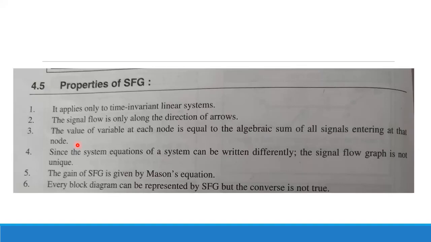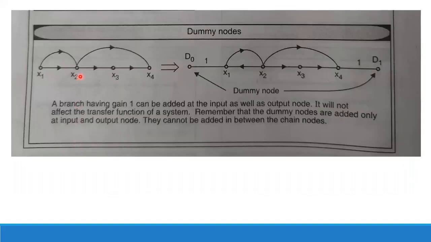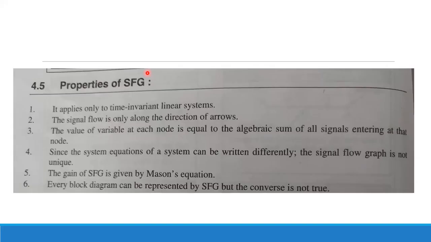There is a possibility of a signal flow graph being drawn in a different way. For example, you can connect x2 and x4 in a different way also, depending on your system equations. So there is a possibility of having multiple signal flow graphs for the same system equations.